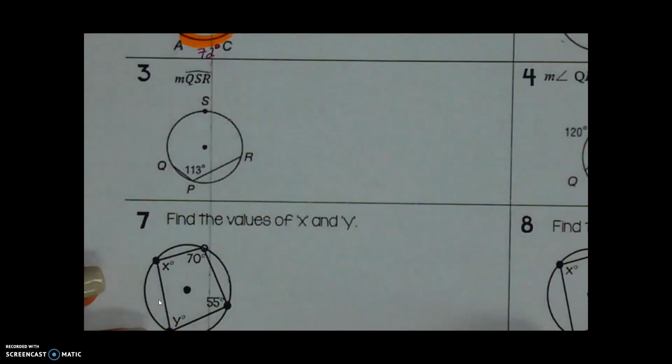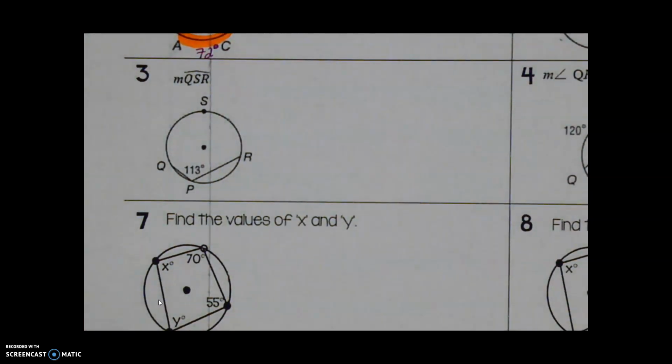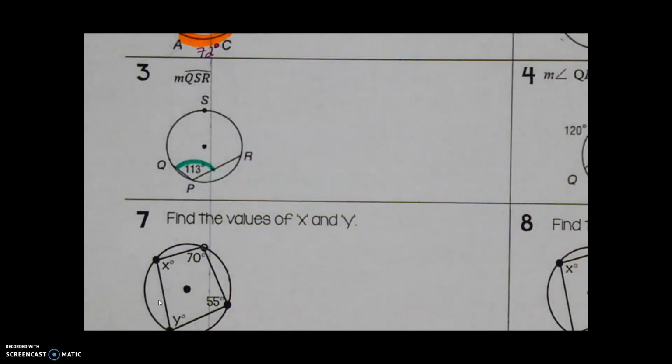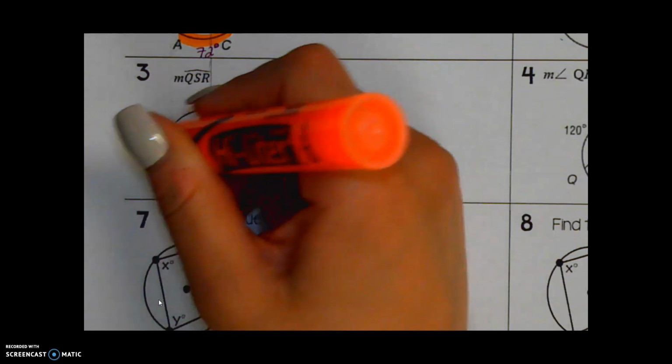For number 3, it's the same kind of deal. It just looks a little bit different. I've got the inscribed angle 113, and I've got the arc QSR.